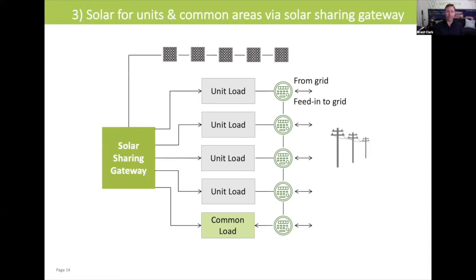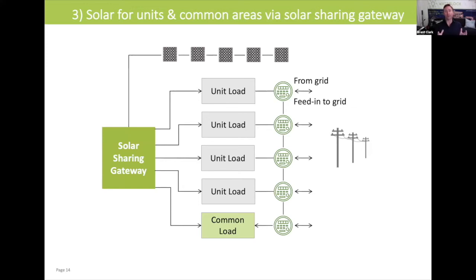We'll move on to the solar sharing gateway, or another name for this is a power division management system. This is a system which is developed by a company in Melbourne called Allume Energy, which I referred to earlier.